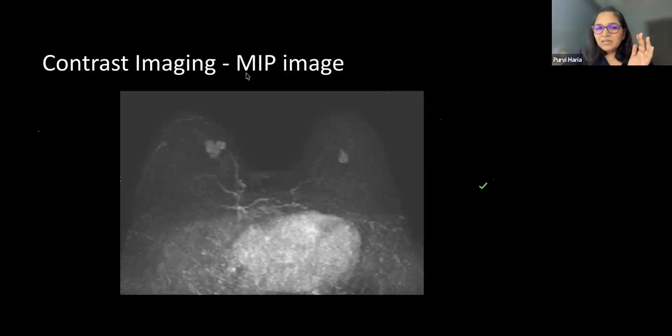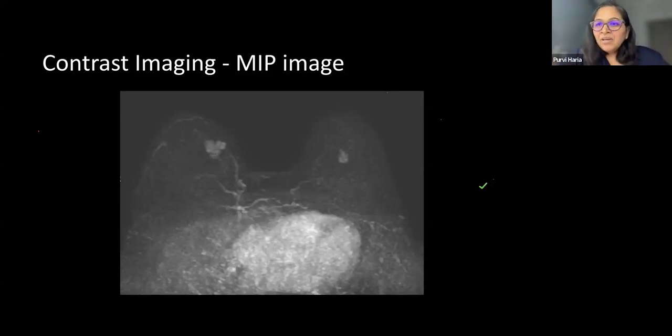Sometimes we start with this image, we see the MIP image, and then we decide how much time you want to spend on each sequence and what lesions you want to evaluate in more detail.